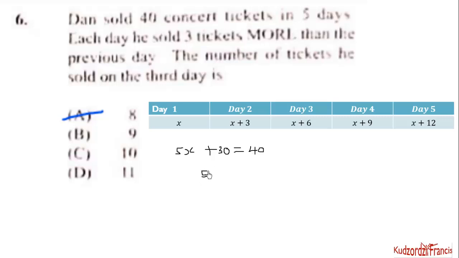So 5x is equal to 40 minus 30. So 5x will be equal to 10. This means x equals 2. So if x is equal to 2, then on day 3 you sell 2 plus 6, which is equal to 8. So the correct option is this.